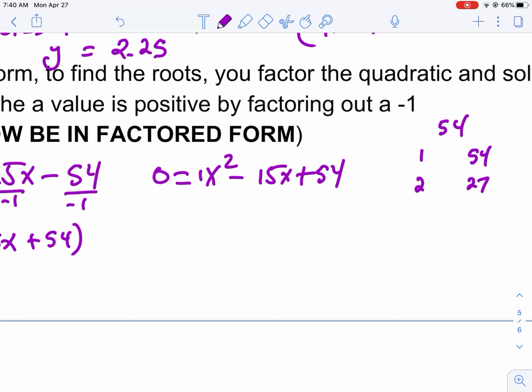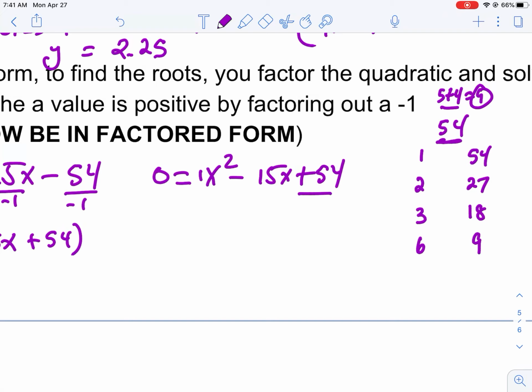I know 54 is divisible by 3, because I did the old 5 plus 4 equals 9. This is called a digit sum. You add the digits, and if the sum is divisible by 3, then the whole thing is divisible by 3. So 3 goes into 54 18 times. 4 does not go into it, 5 does not go into it, 6 goes into it 9 times.